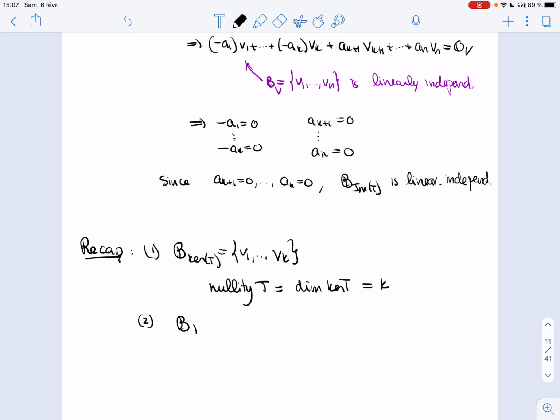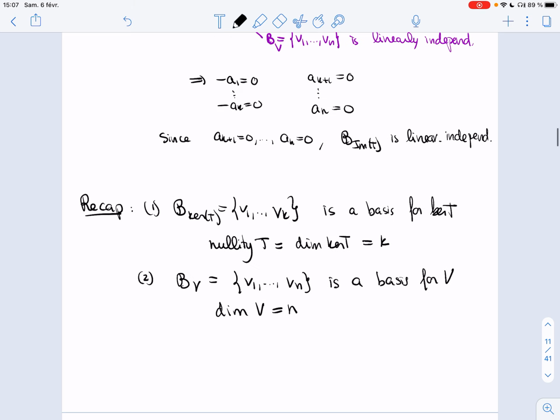The basis for V was v1 through vn, so the dimension of V is n. And the last thing we proved is that the basis for the image of T is T of v(k+1) through T of vn.